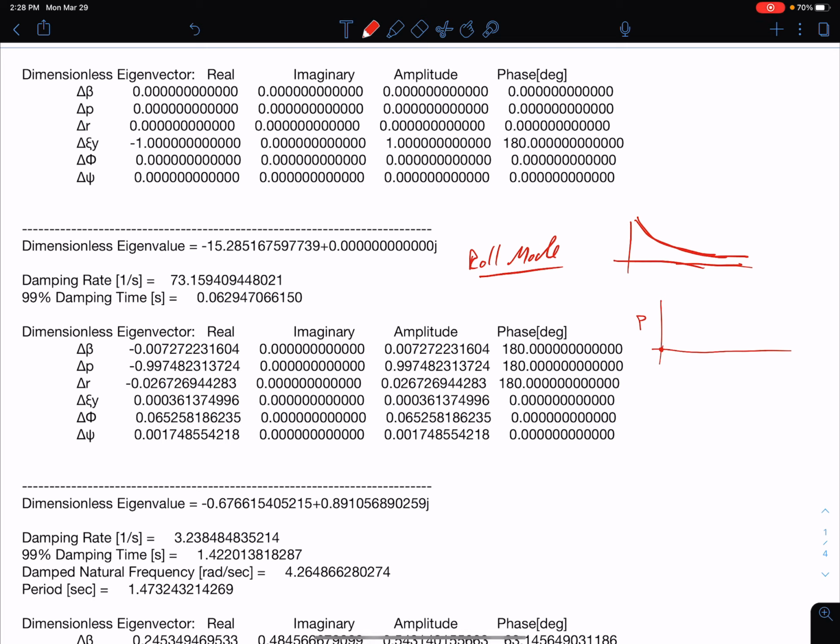But what happens is if we hold that aileron constant, our rolling rate will ramp up like this, and we've got a 99% damping time of 0.06 seconds here for this example. So it will take about that long to get up to a steady rolling rate, okay?